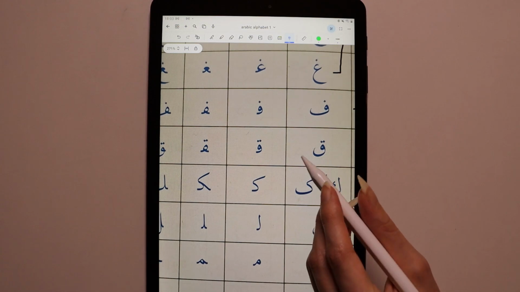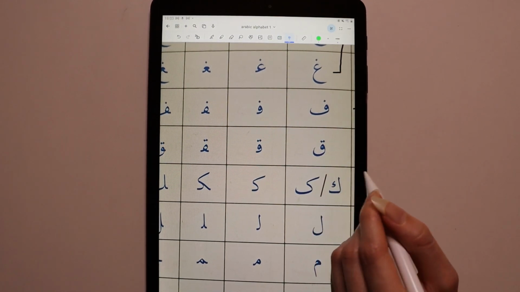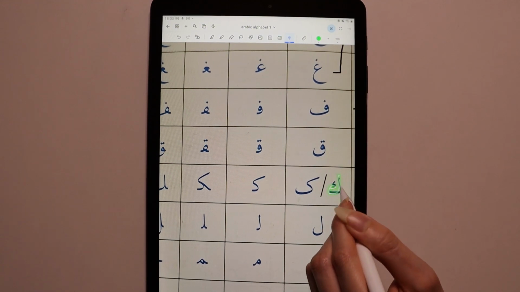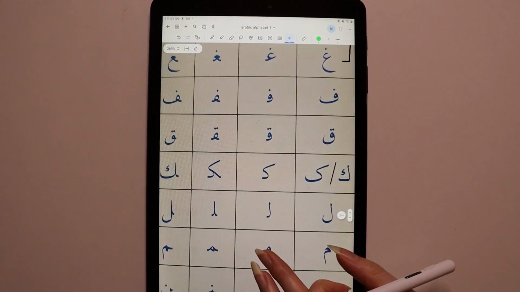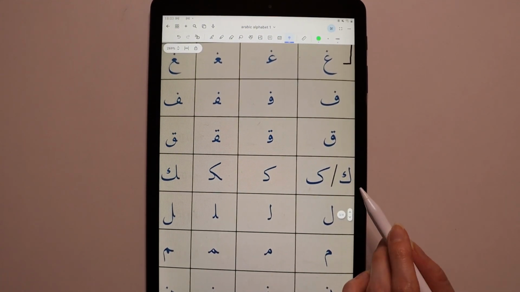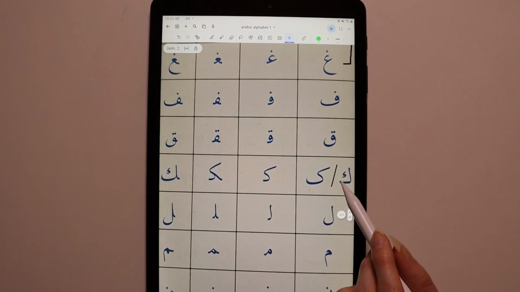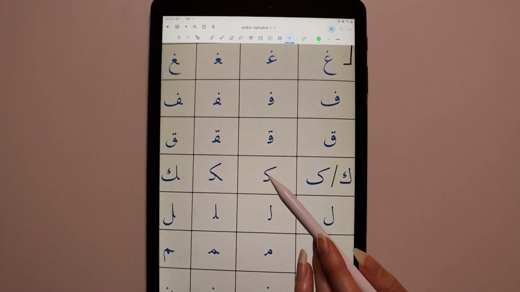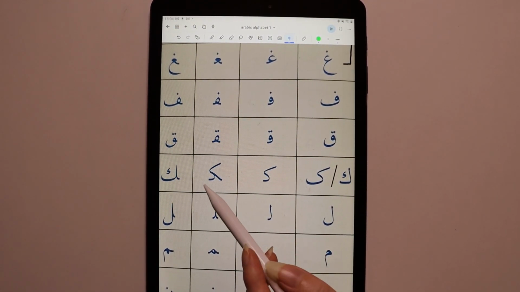Later on, if you start learning a handwriting font, you can also write it differently, and with the tiny s you can connect it immediately. But I'm not going to talk about this today. The kaf basically looks really different at the beginning or in the middle.